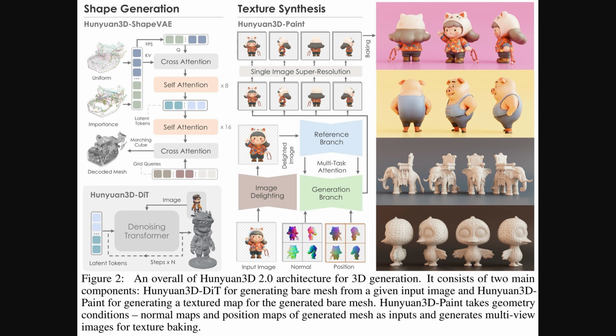For texture synthesis, a key first step is image delighting to remove source lighting. Hunyuan3D Paint then uses this delighted image, with geometric inputs like normal maps for fine surface detail, before applying super resolution to enhance clarity, and then texture baking to map the texture onto the mesh.